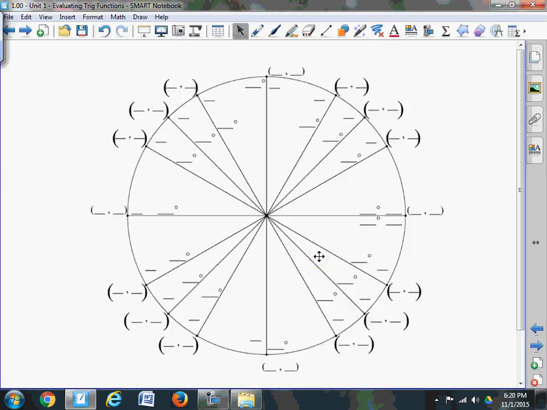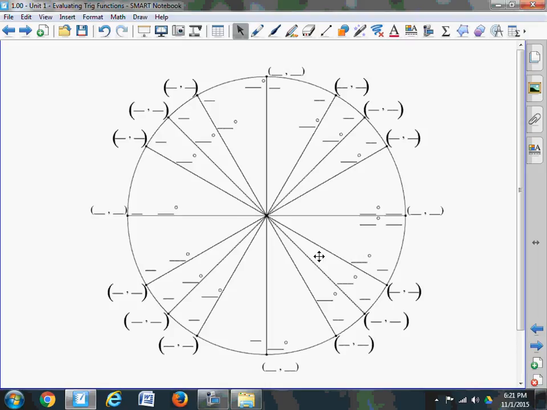All right, in the previous tutorial, we talked about converting from degrees to radians. So we've walked through the unit circle, we've filled in degrees before, we've found the coordinates around the unit circle. The only thing different now is filling in the radians.